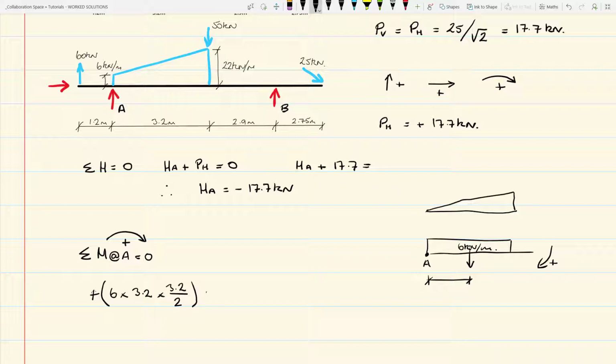To this we can add, so it's plus, because again the triangular portion of the load is acting in a clockwise direction about A. And to calculate the forces associated with it, firstly we need the area of the triangle. So it has a length of 3.2 meters.